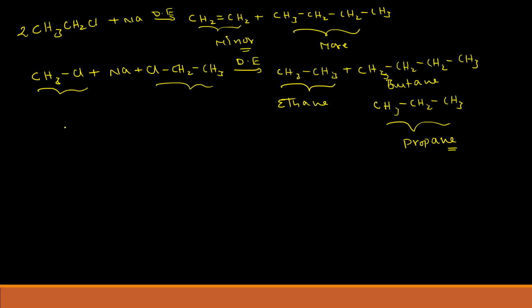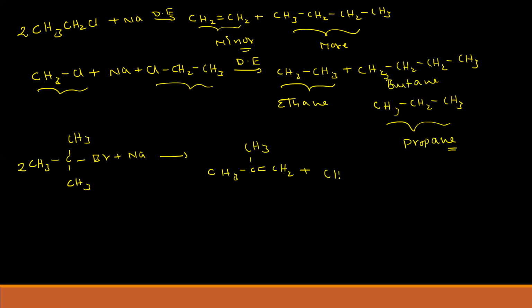Similarly, the Wurtz reaction cannot be used for tertiary alkyl halides. The reason is that when you use tertiary alkyl halides in the Wurtz reaction, it will give alkenes as the major product. As we discussed previously, there are combination and disproportionation. This is the disproportionation product of the tertiary alkyl halide, and the combination product is this one.